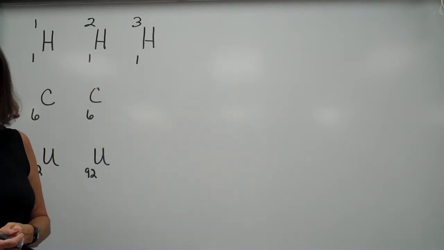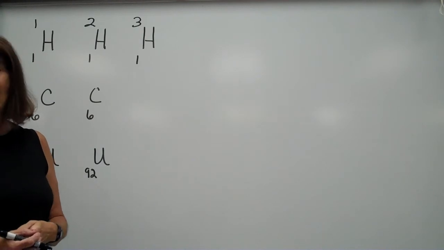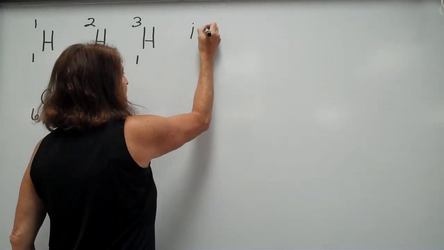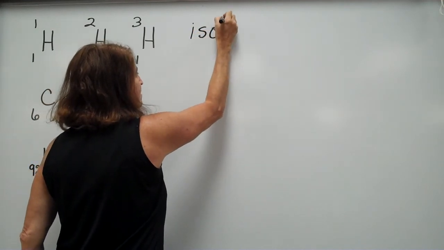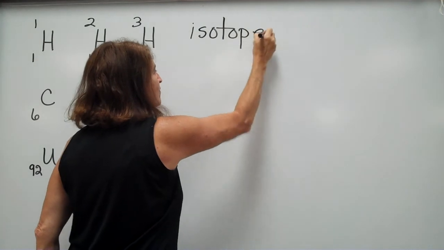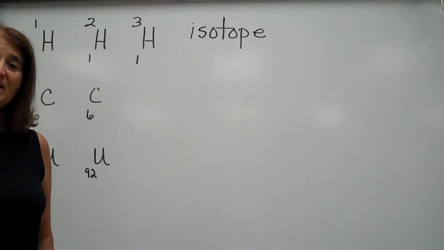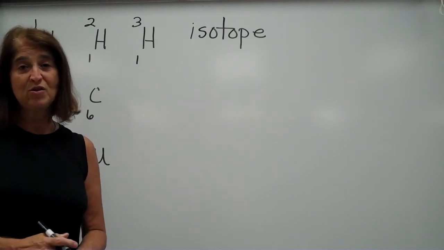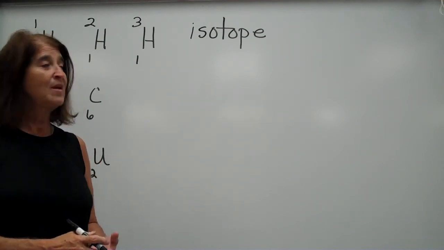What do we call these? These are called isotopes. An isotope is something that varies in the number of neutrons. And because it varies in the number of neutrons, it varies in mass, because neutrons have mass.